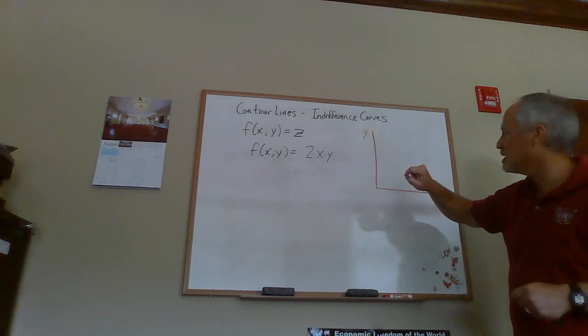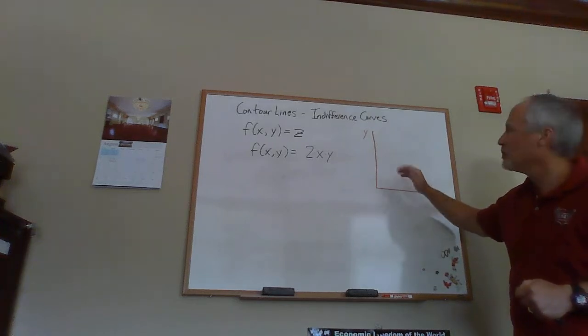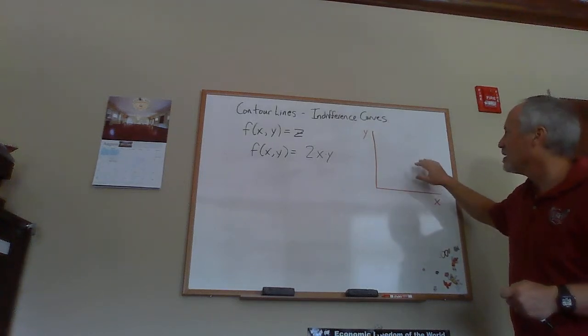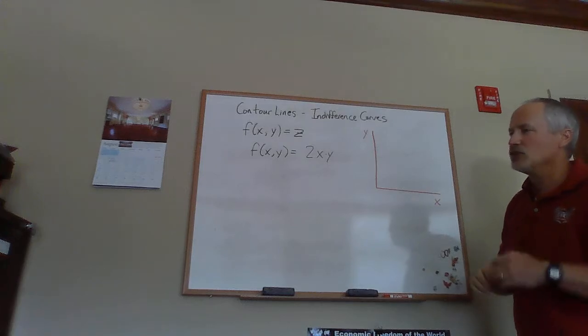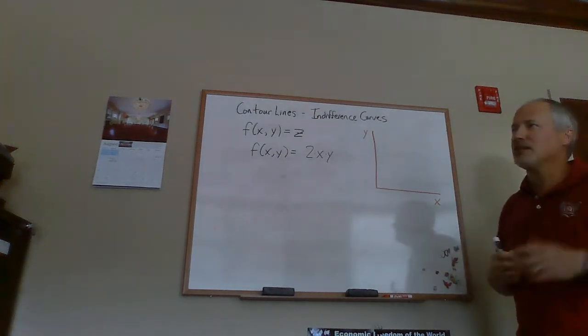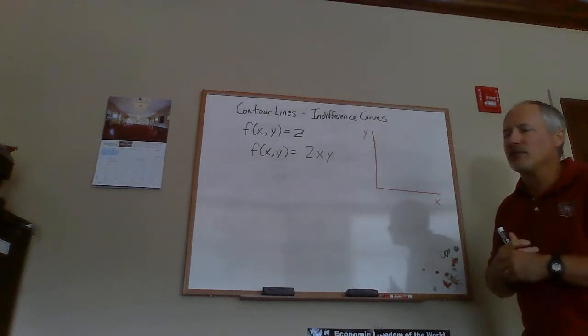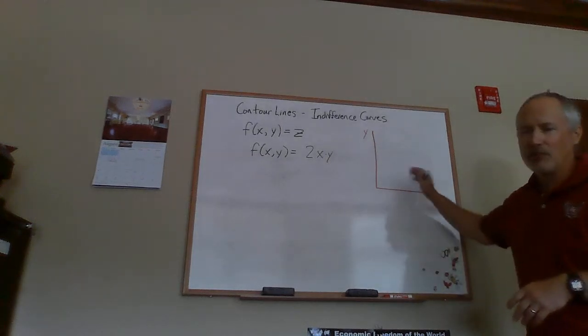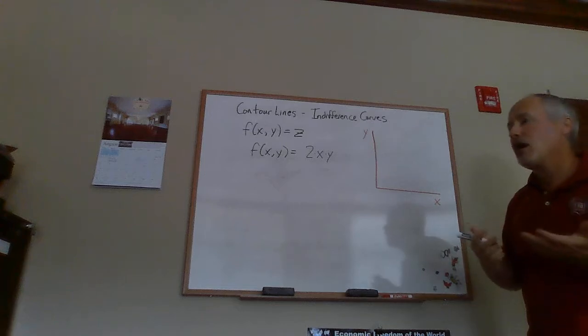That would give us a third axis, a third dimension, and then we would be graphing it in 3 dimensions. Well, 3-dimensional graphs are kind of tricky. Many people don't find them very helpful. 2-dimensional graphs with just an x and y are quite helpful.